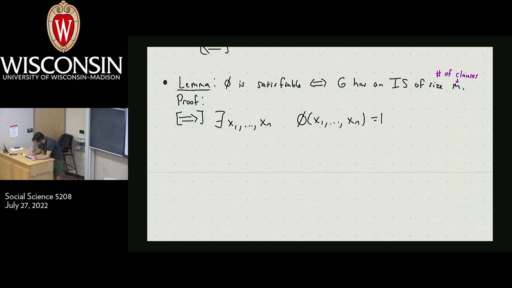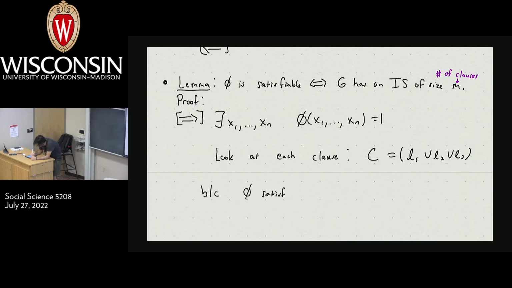Well, for each clause, we're going to look at each clause. So let's fix a specific clause, say C. C is something like L1 or L2 or L3. And because phi is satisfied, we know at least one of those literals is true.